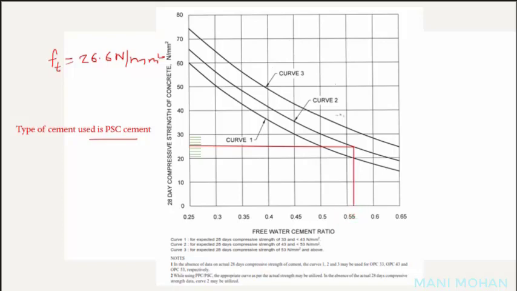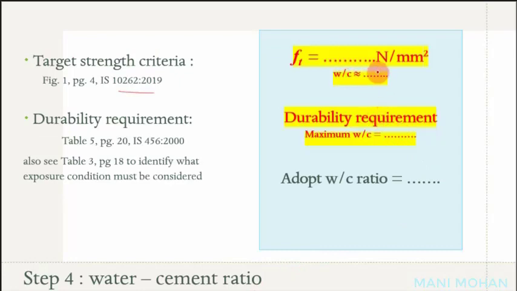Okay, so let me write down. The target strength was 26.6 Newton per mm square. For M20 grade concrete, approximately the water cement ratio requirement is 0.56.